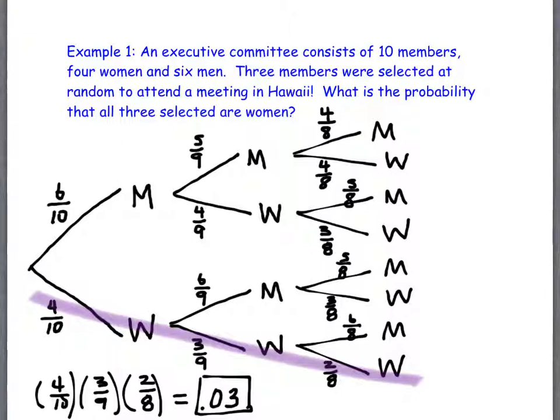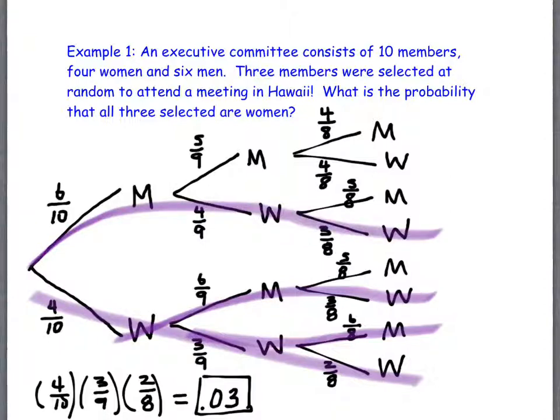But we'd also look at the other places where we have at least 2 women, which would be this branch here, and this branch here, and this branch here. I'd actually have 4 branches where that happens. And what I would do is multiply along all 4 of those branches. And what do you think I would do after that? You would add them together. That's exactly right. Because any of those 4 branches happening gets me at least 2 women going.